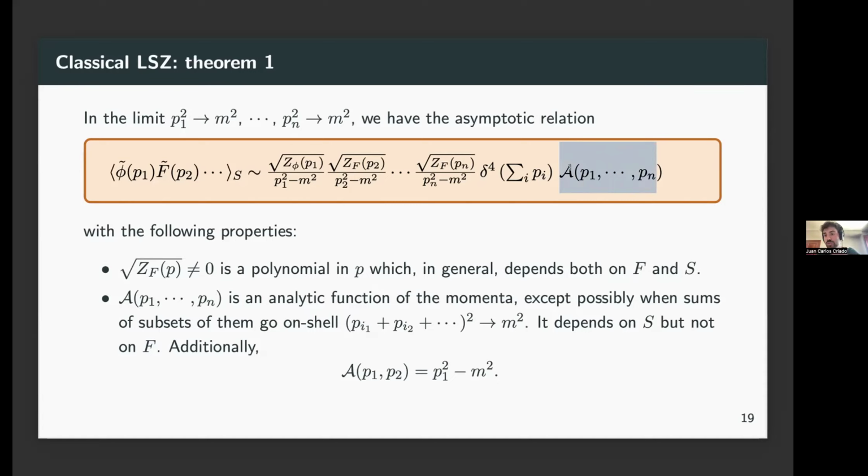So this only depends on the action of the theory. So this is the result we were looking for, right? Independently of what F is, the poles will be at the masses of the particles, and if you strip off these normalization factors, these Z's, you get an amplitude that's independent of the source.